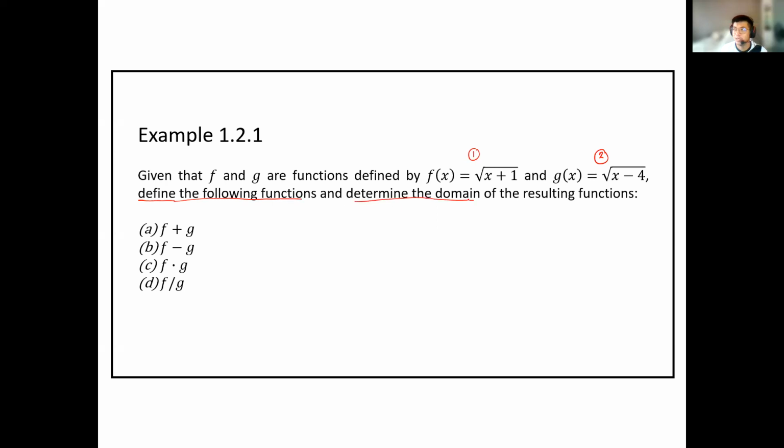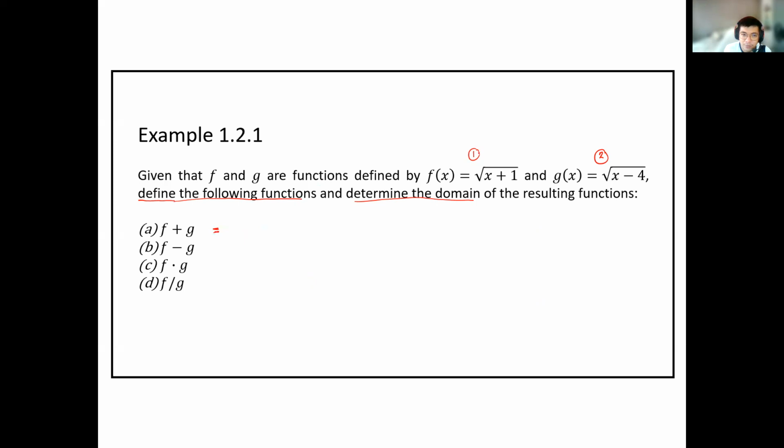Again, what we have learned last meeting, we're going to look if those values are possible or not. First is f plus g.